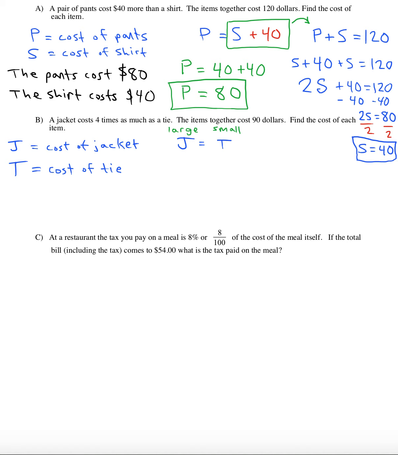So which one should we multiply by 4? The J or the T? Which choice would make equality? The answer is multiply the T by 4. And now the equation is true.